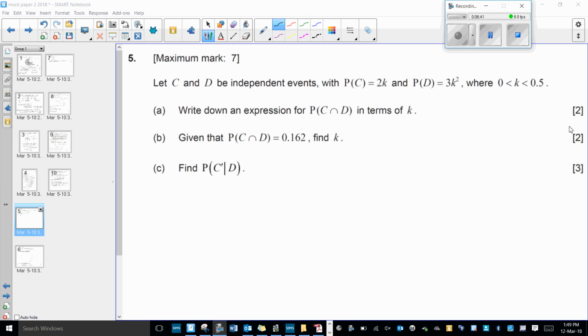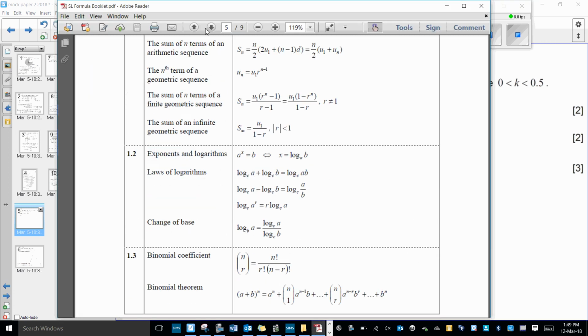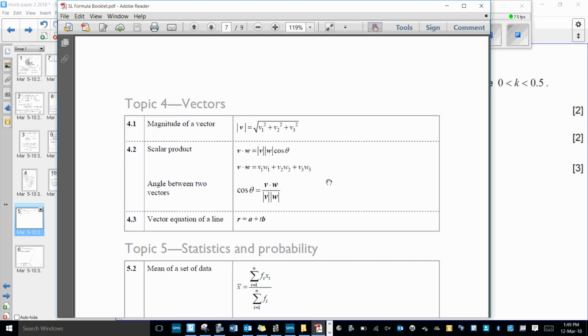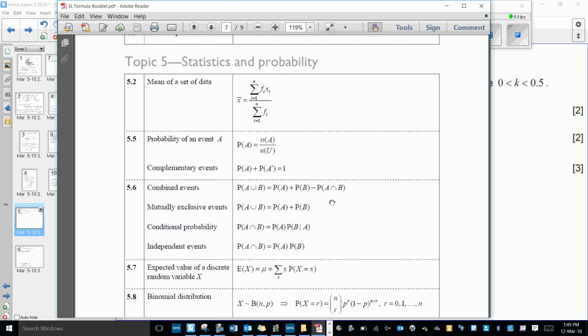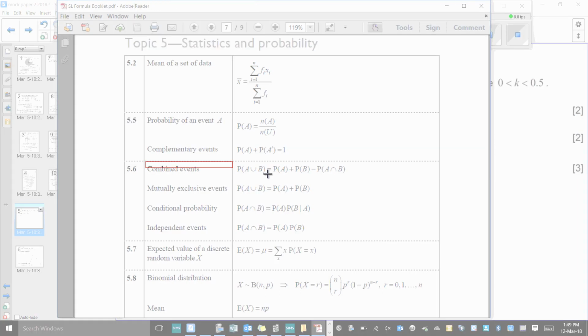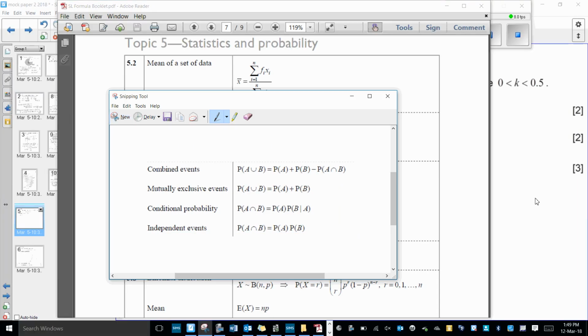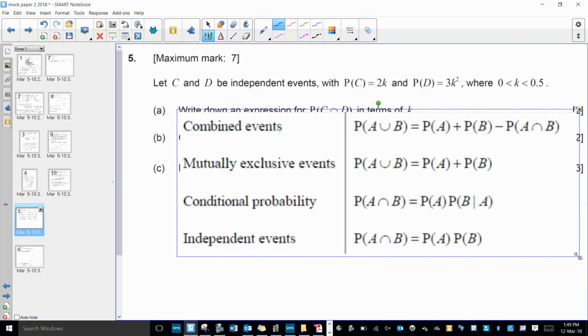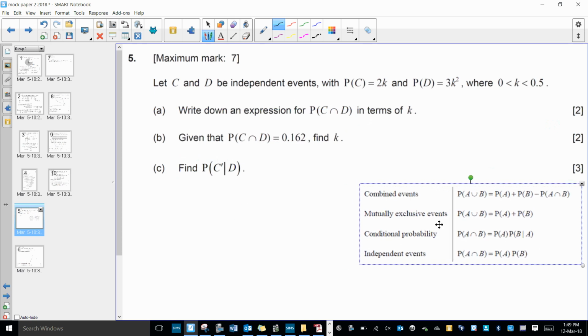So C and D are independent events. Okay, so this might come in useful here. We want an expression in terms of k for C intersect D. So for C intersect D, we would be multiplying those two values.